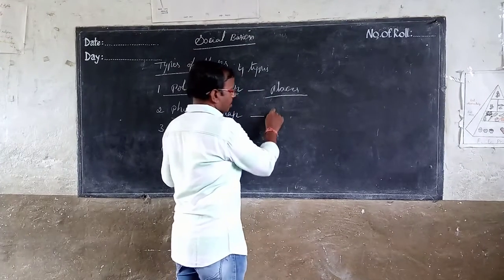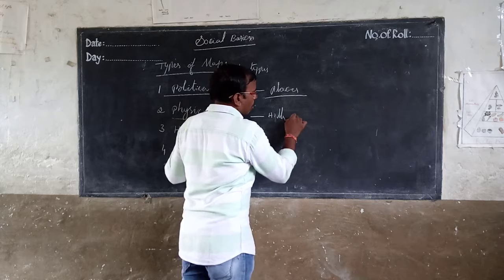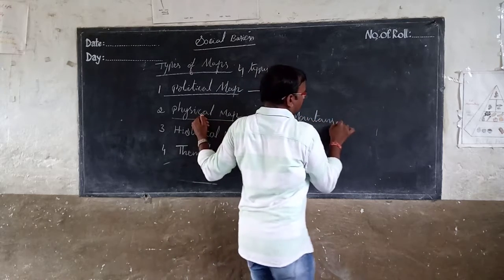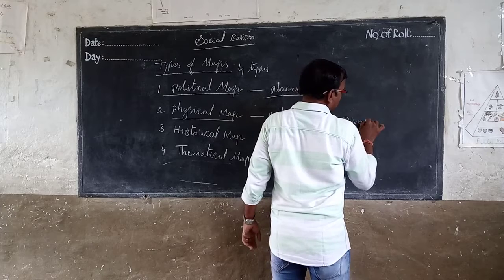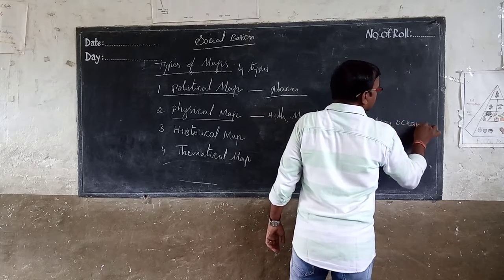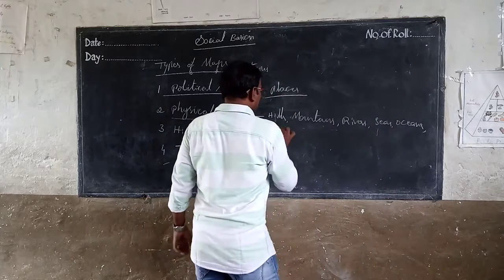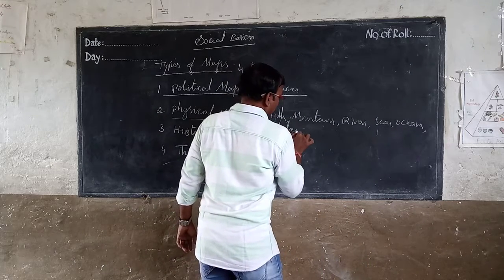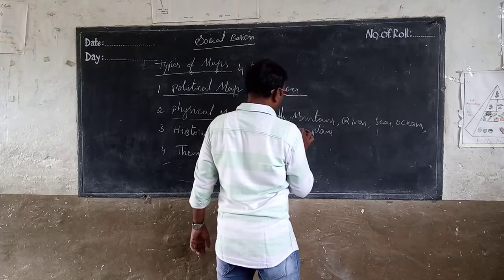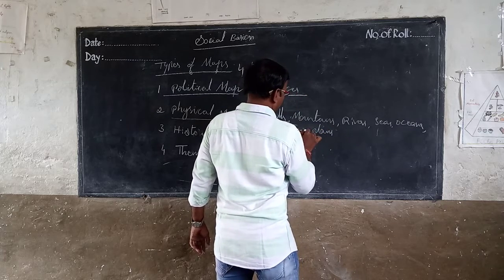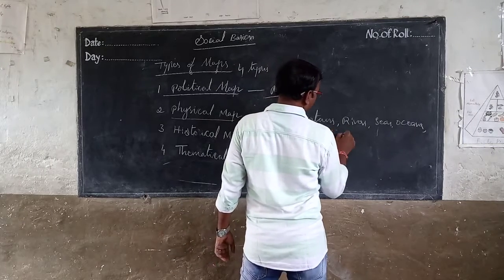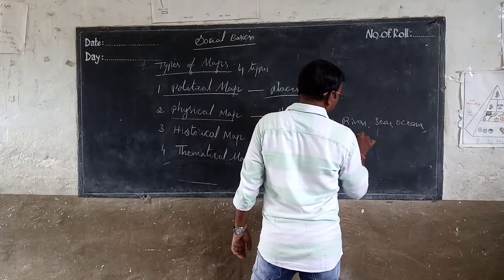Hills, mountains, rivers, seas, oceans, plateaus, plains, deserts.